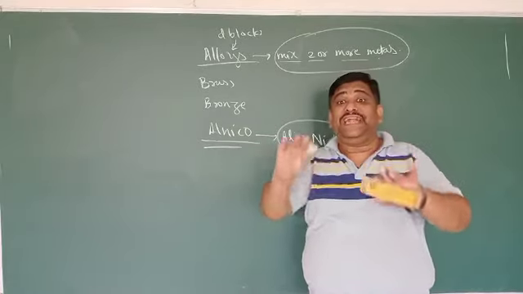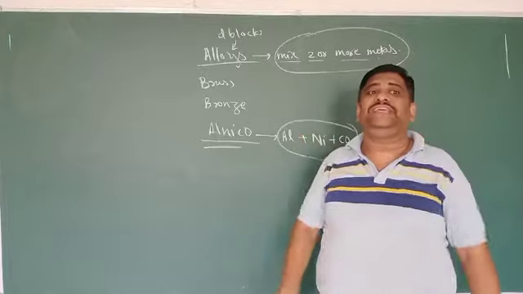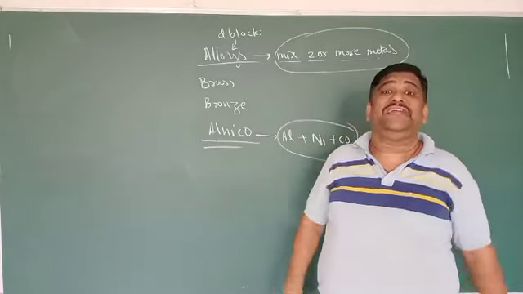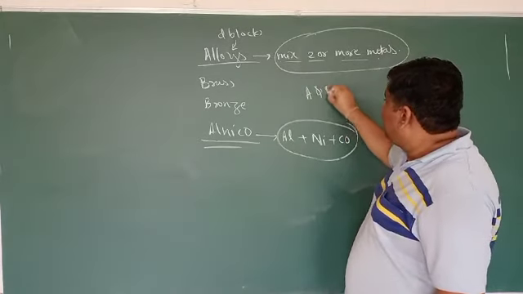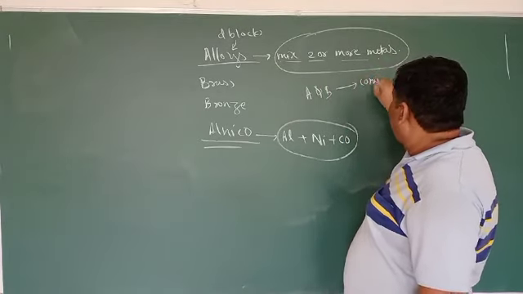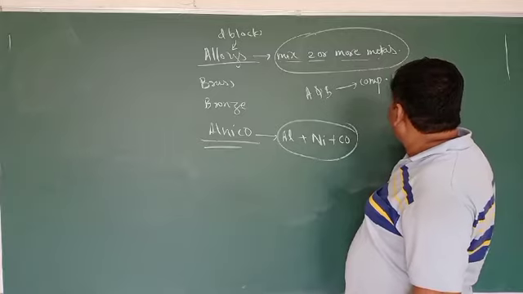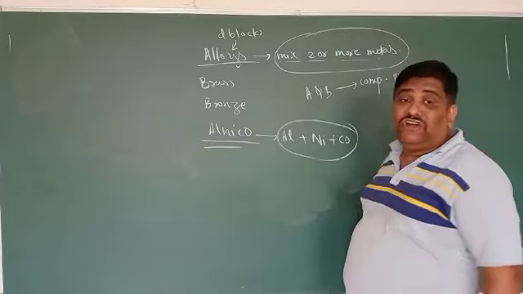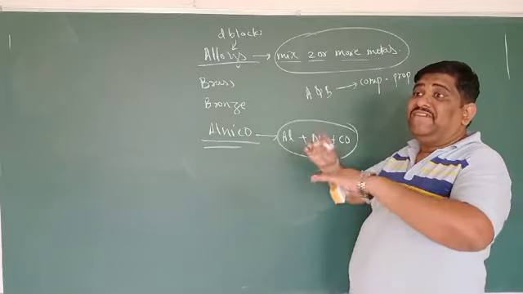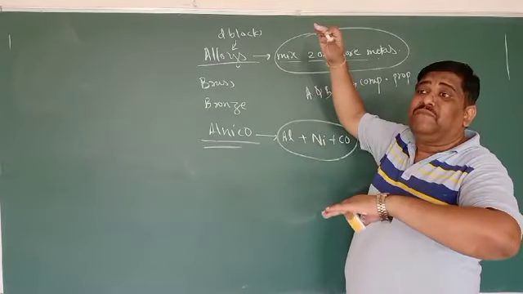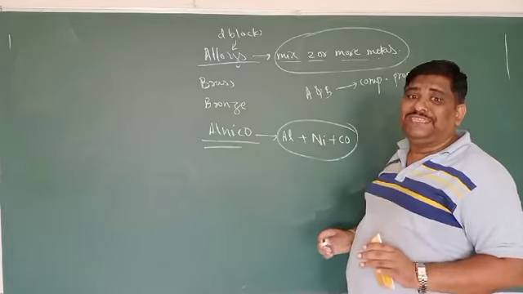There should be comparable properties of the two metals, then only they can be mixed. For example, if metal A and metal B have comparable properties, then only they are going to mix. Got it?